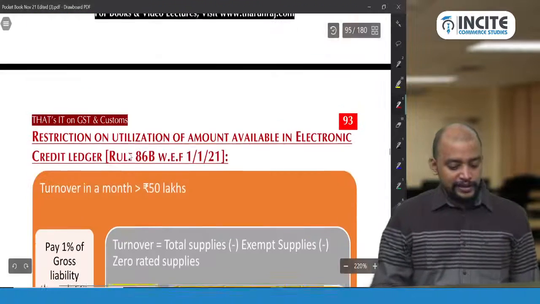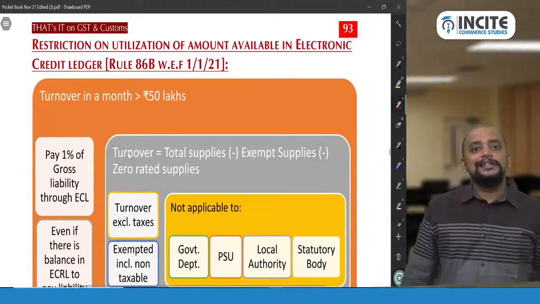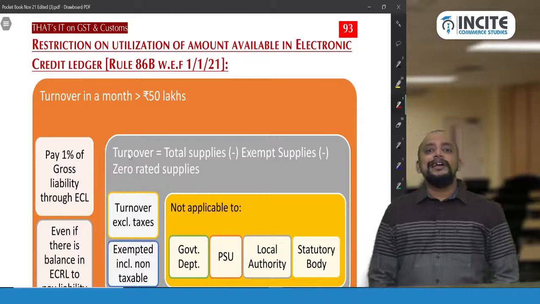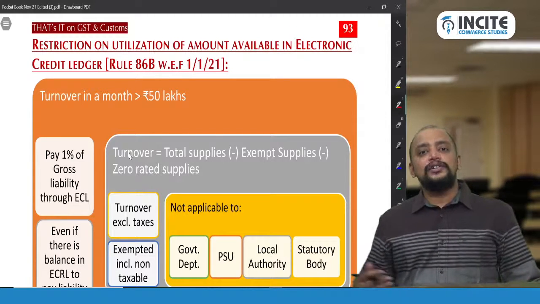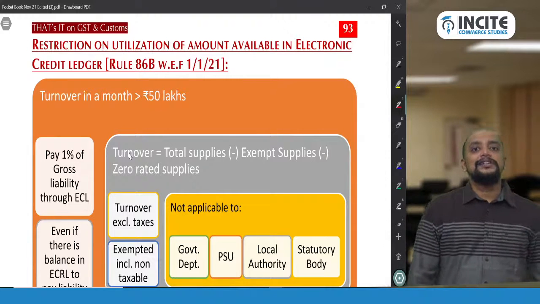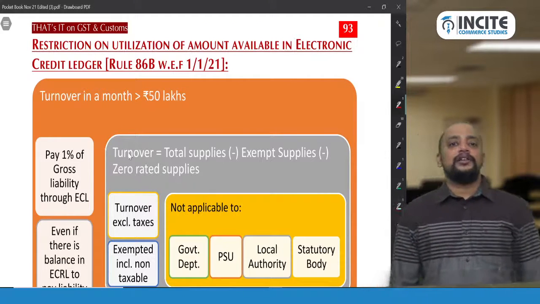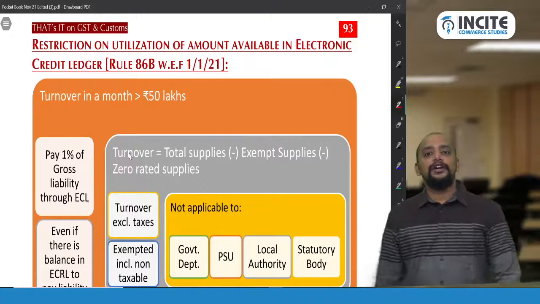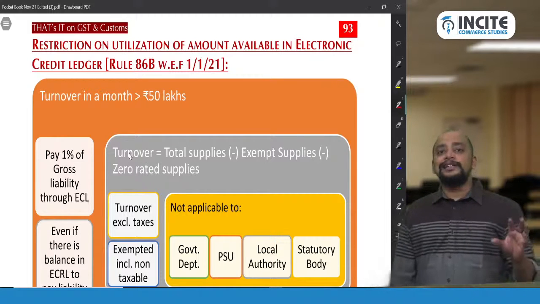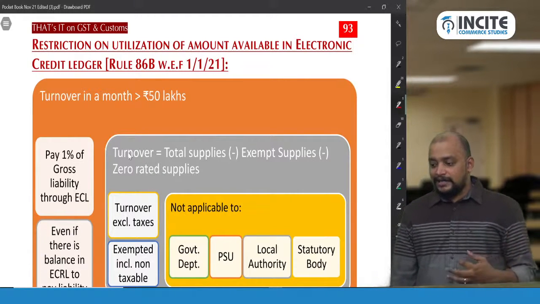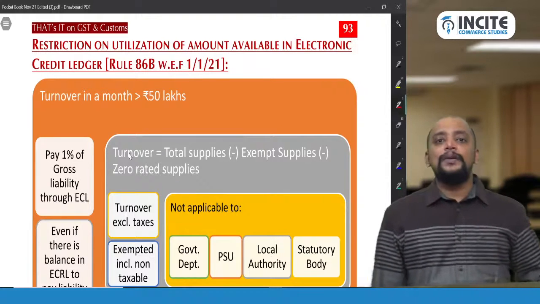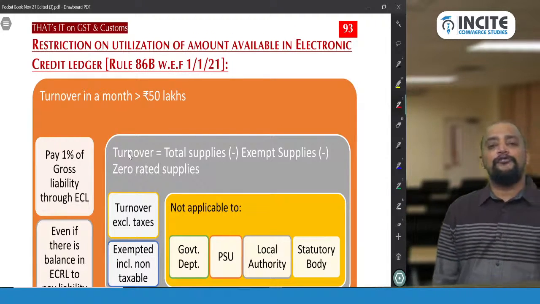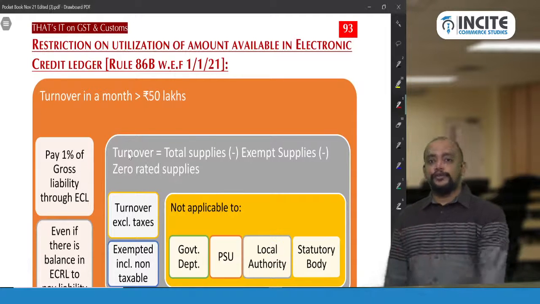Then next one, rule 86B. There is rule 86A and rule 86B. Rule 86A talks about a restriction on utilization of input tax credit for a period of 1 year. Whatever balance we have in the electronic credit ledger will be suspended for 1 year, which means for 1 year we cannot use it. When?